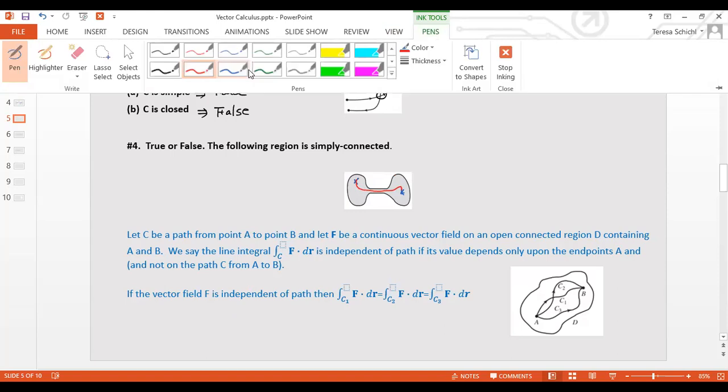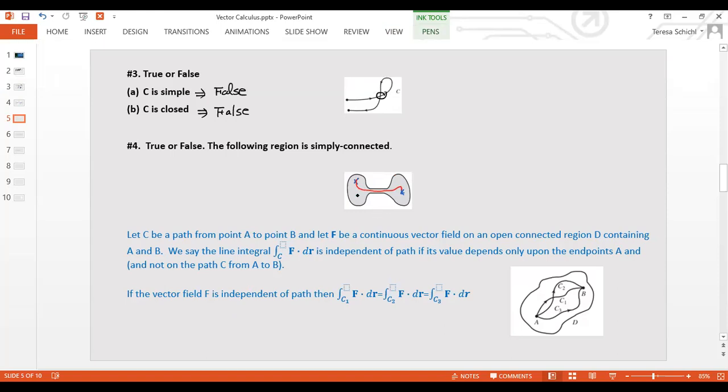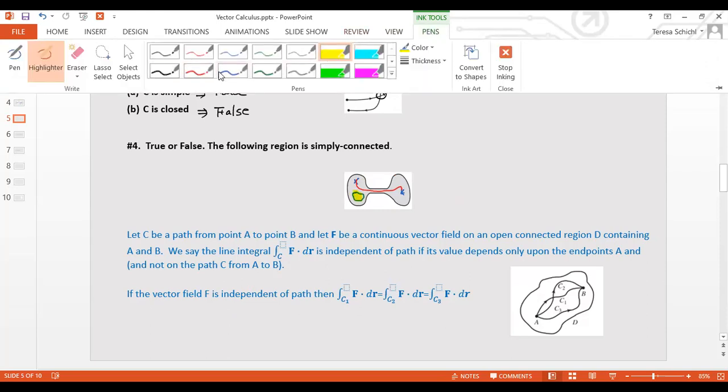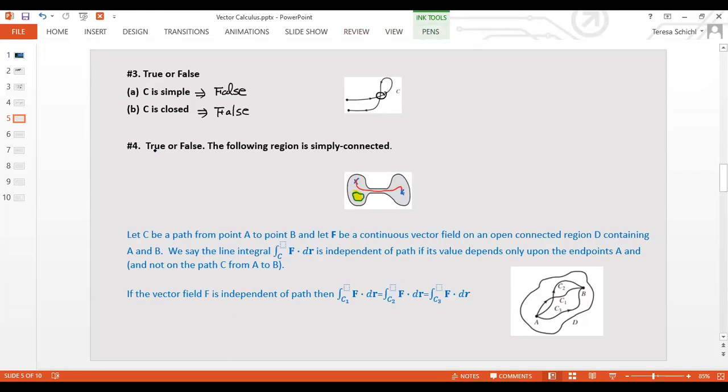And also any closed path, right? If I have a closed path here, then all the points included in this closed path are in this region. So this is true, okay?